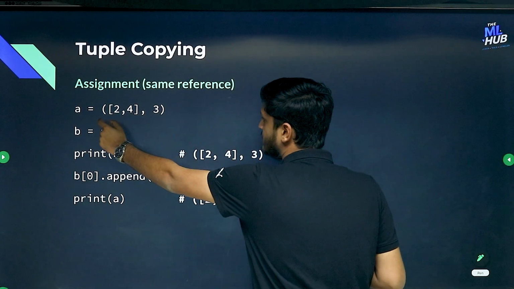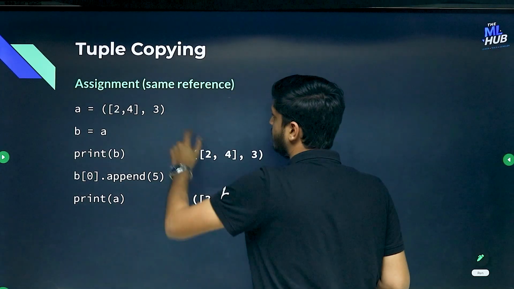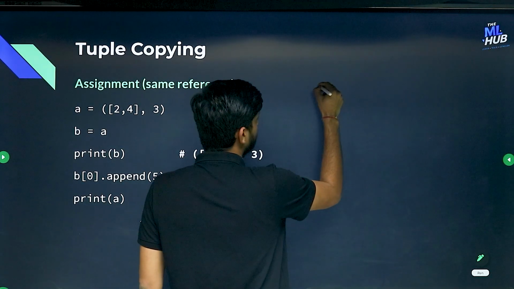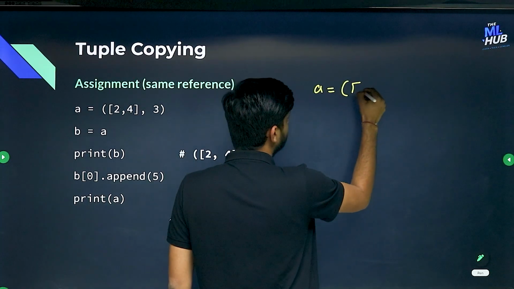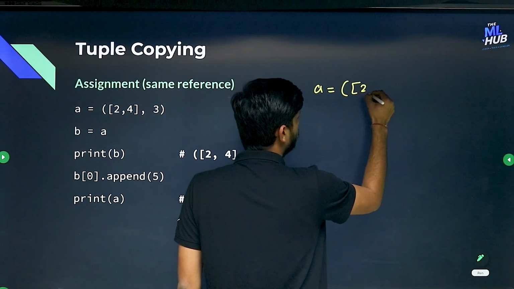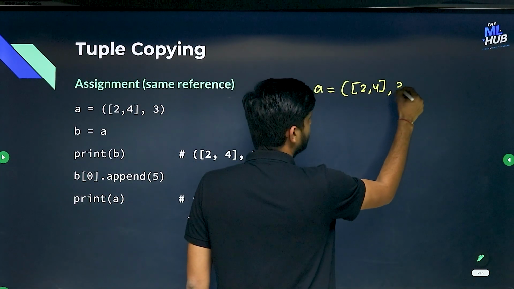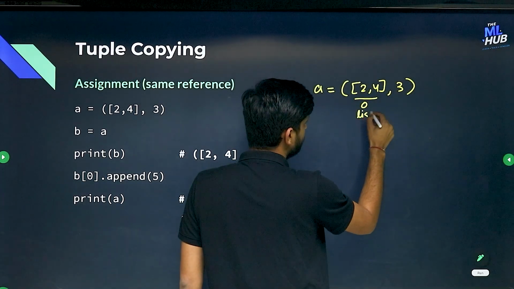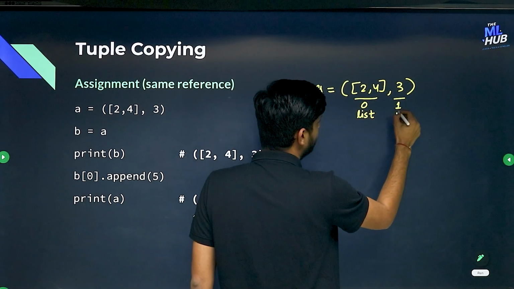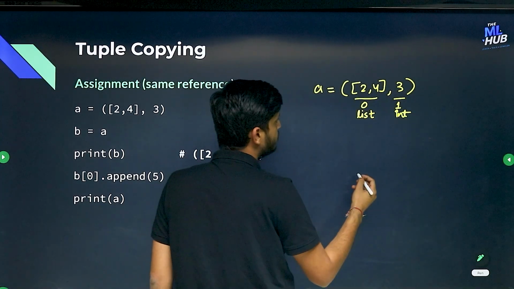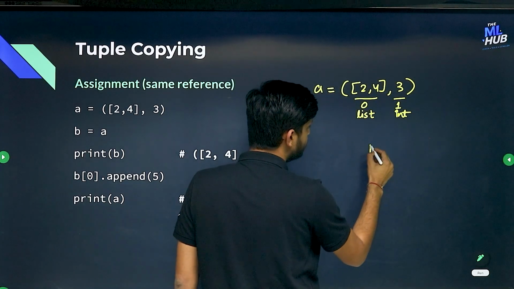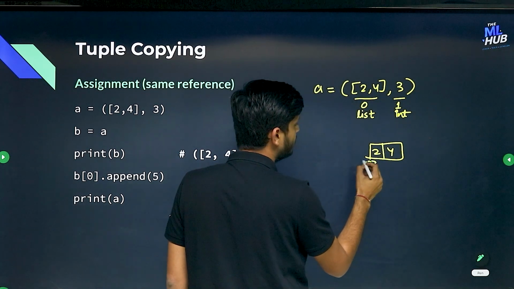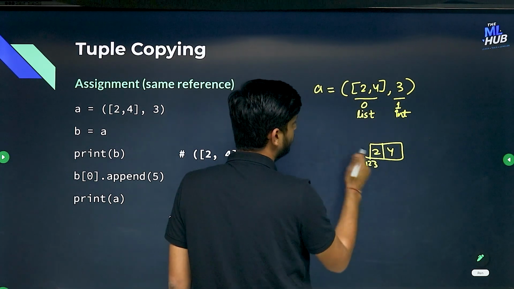If you write a equal to the tuple containing a list 2, 4 and then 3, what will happen internally, how will this be stored? The first element is a list containing 2, 4 and the second element is the integer 3. So at index 0 we have a list and at index 1 we have an int. The list 2, 4 will be stored in a memory address, let's say 123, and no variable is pointing here.